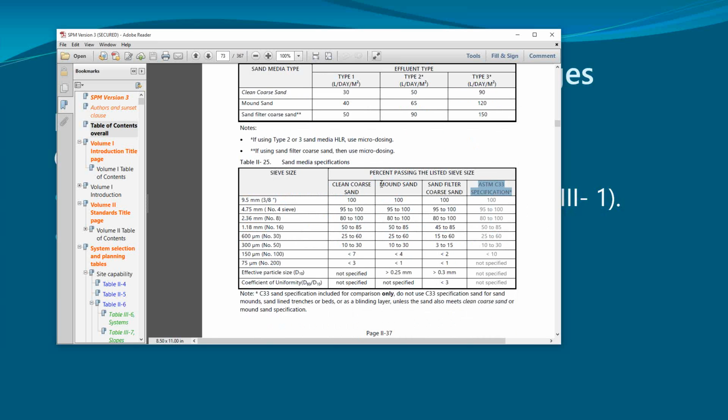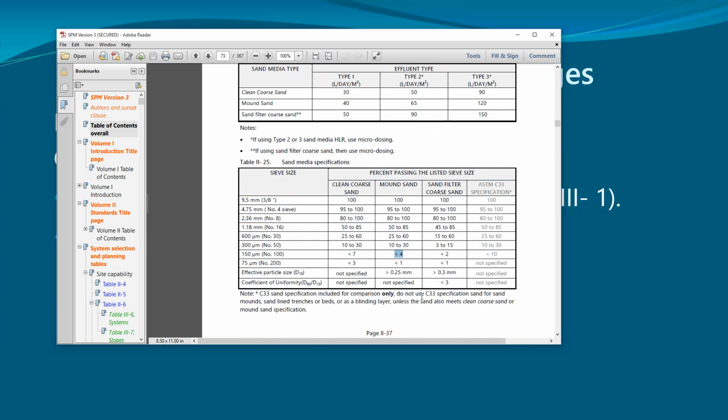Mound sand is C33, but C33 is not mound sand necessarily, because C33 can have up to just less than 10% fines, whereas mound sand has a more stringent restriction on fines, and if you can't find that, then you're breaking the rules essentially.